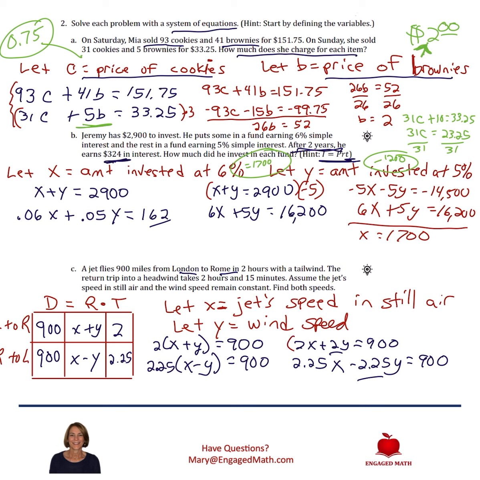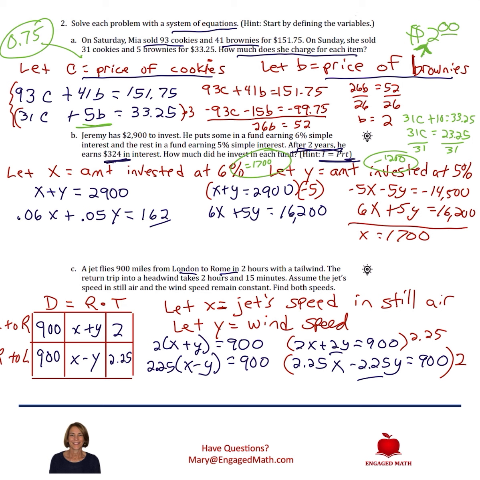So all we have to do is multiply the top equation through by the coefficient on the y. So I'm going to put a times 2.25, and the bottom equation is going to get multiplied through by 2. So on the top, we're going to get 4.5y, and on the bottom, we're going to get a negative 4.5y. I know that a lot of times people think you can just do like a 4, and get something that way. Not in this case.